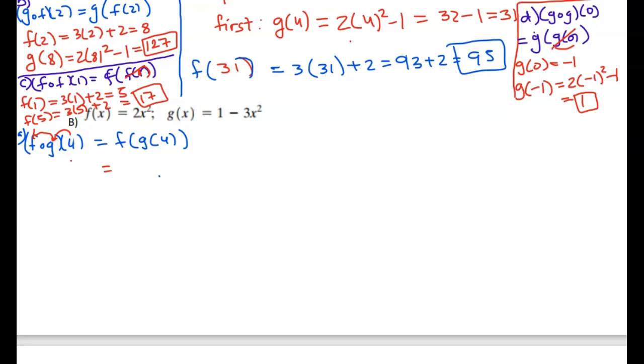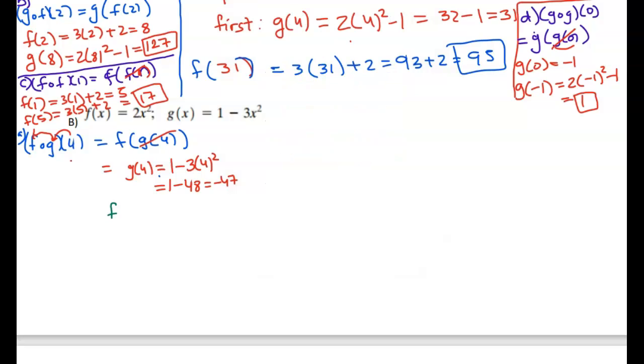All right, so g of 4 is 1 minus 3 times 4 squared. 1 minus 3 times 16, 1 minus 48, which gives me -47. And so this gets replaced by -47.